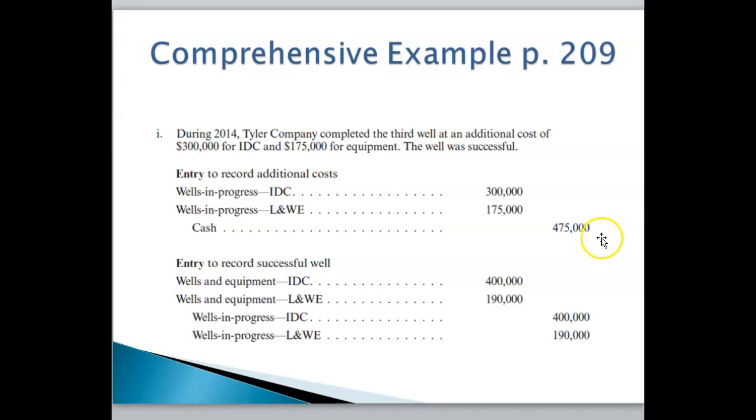And then we're going to reclassify the amounts from wells in progress to the actual asset accounts. So we're going to debit wells and equipment IDC for $400,000. And we're going to debit wells and equipment lease and well equipment for $190,000. We're going to credit wells in progress IDC for $400,000. And we're going to credit lease and well equipment for $190,000.